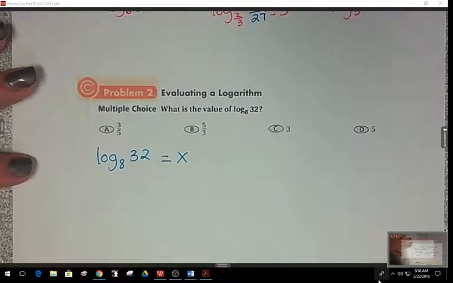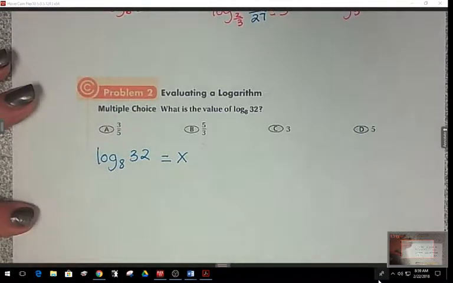And then I'm going to change it back to exponential form, because that's what we are used to working with. Okay, we worked with that for several sections. We worked with it in previous chapters. So here's where we're going to start. If I'm going to change from logarithmic to exponential form, here's how I do it.